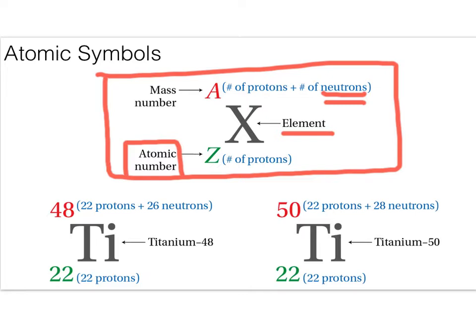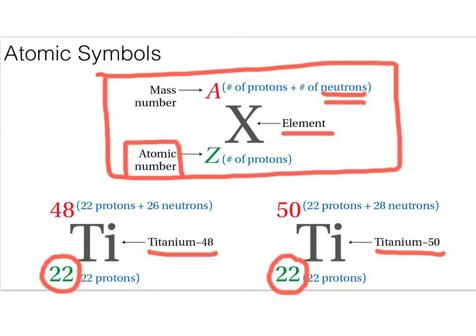So to give you 2 examples, we have titanium-48 and titanium-50. These are 2 isotopes of titanium that are found on planet Earth, and titanium-48 has 22 protons, and titanium-50 also has 22 protons. Why? Well, because to be titanium means you have 22 protons.